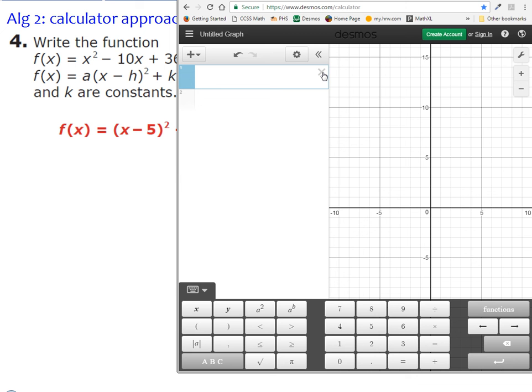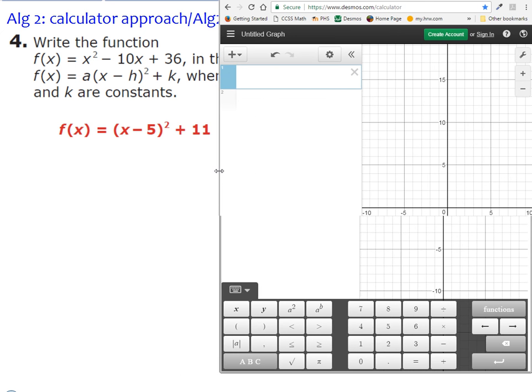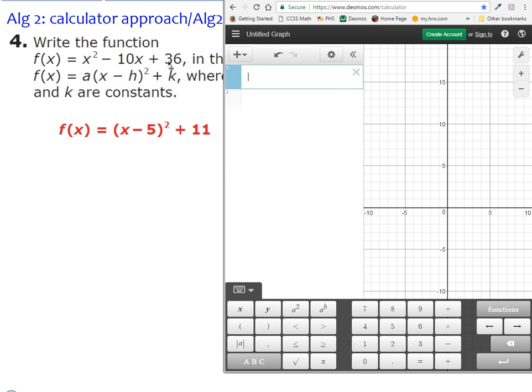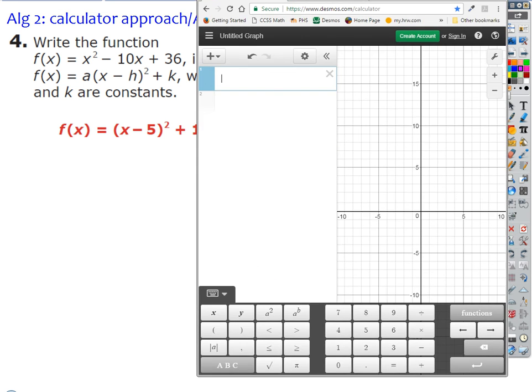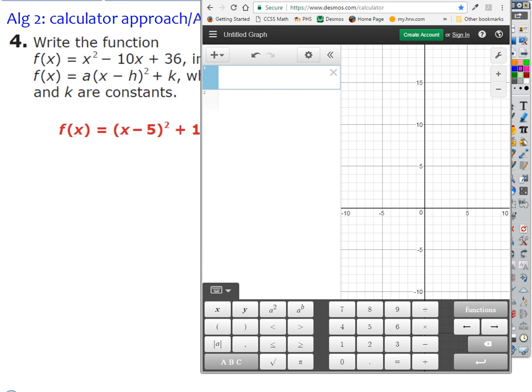What if we want to put this into the form a(x minus h) squared plus k, right? One thing we could do is just graph the function, because think about what those tell us. A tells us whether it's been reflected or stretched vertically. H and K just tell us the vertex. So what if we just graph this thing and we get all that information right from the graph?